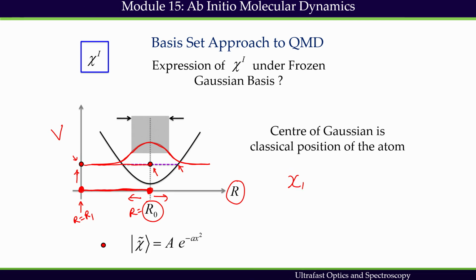I will consider the ith nucleus, which is here. The ith nucleus I can express this way: it is nothing but a Gaussian function, with ax squared in the exponent, and a is related to its width. This width is related to a.